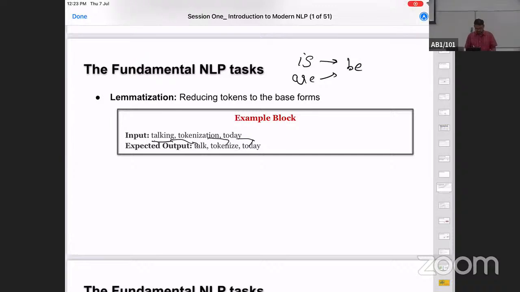Because if your actual data contains the word tokenization and your search query has the word tokenize, then this document should ideally have been returned by your system, right? So in order to normalize everything, I will lemmatize my query also. I will lemmatize my source documents also. So that everything is in the base form, and then things are easy to retrieve.